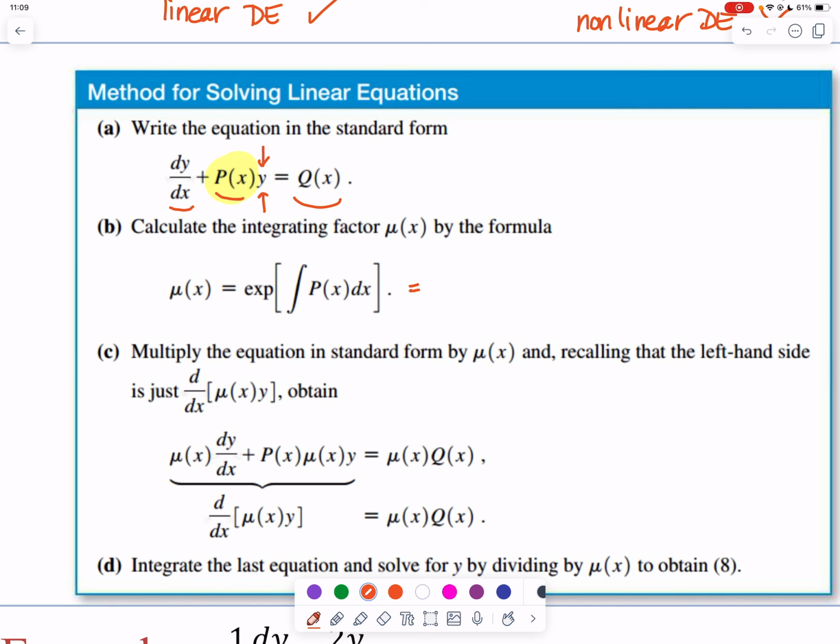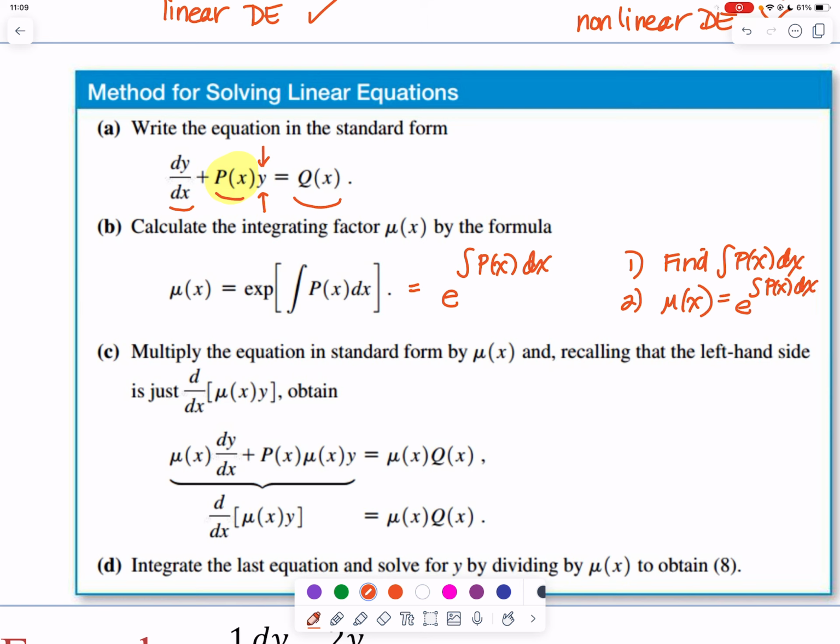We are going to define mu of x is equal to e raised to the power of the integral of p of x dx. So our first job, we will need to find the integral of p of x dx.